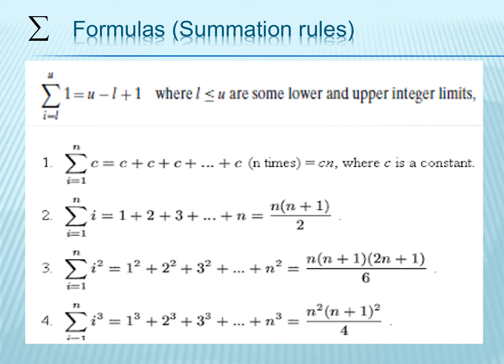The summation formula for nested 2 loops is given as sigma i equals 1 to n of i squared, which equals n multiplied by n plus 1 multiplied by 2n plus 1 by 6. Similarly, for a 3 looping structure, it is given as n squared multiplied by n plus 1 whole squared by 4.